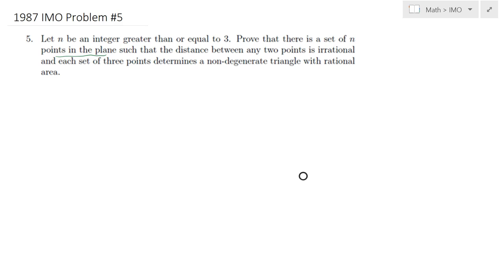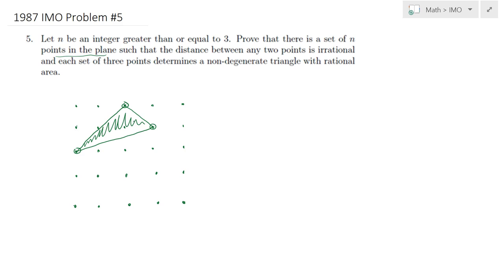The first observation is that if you are given lattice points, basically points on the coordinate plane with integer coordinates, then if you pick any 3 non-collinear points so that you get a triangle, say you pick this one, and say this one here, I claim that the area of this triangle is either an integer or it is an integer divided by 2.